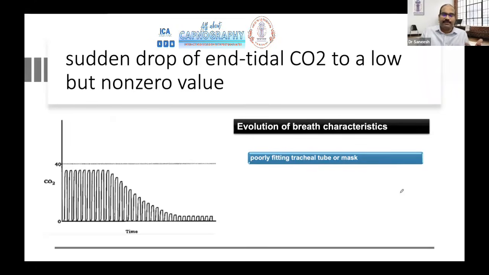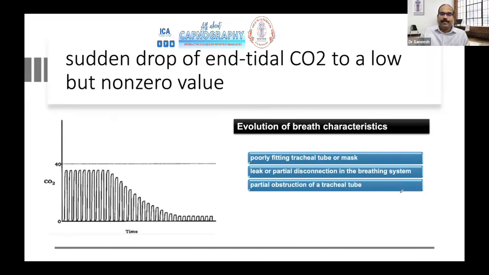Suddenly the cuff is released or the cuff bursts or your LMA gets displaced. Previously, we had discussed complete obstruction. Here, a partial obstruction or disconnection of the breathing system, partial obstruction of the tracheal tube, sudden hypotension. ETCO2 tracing is also an indirect measure of the cardiac output.